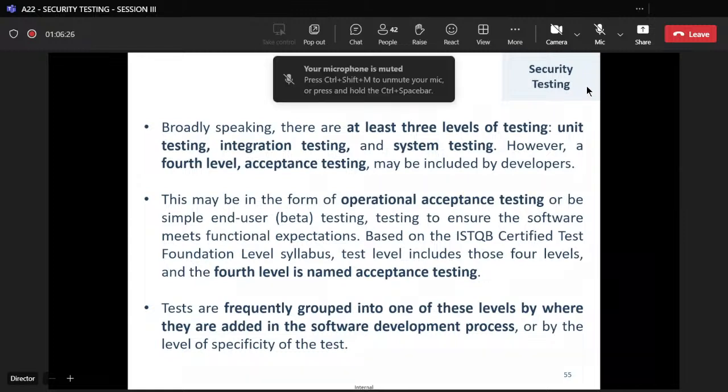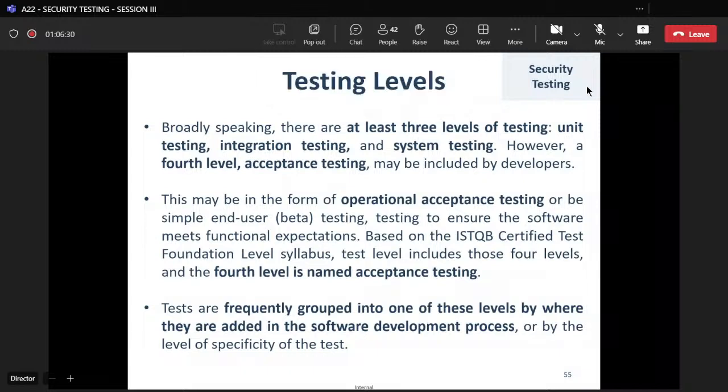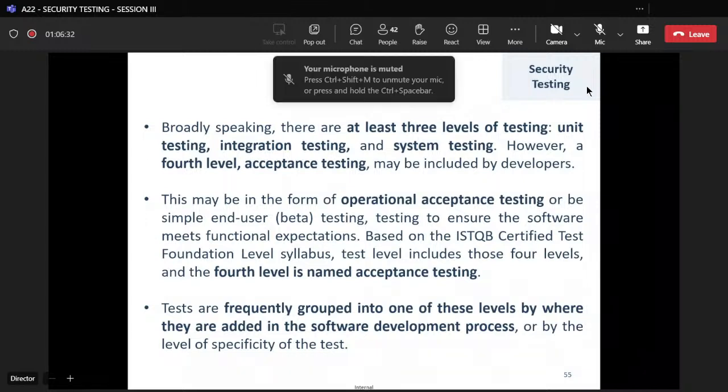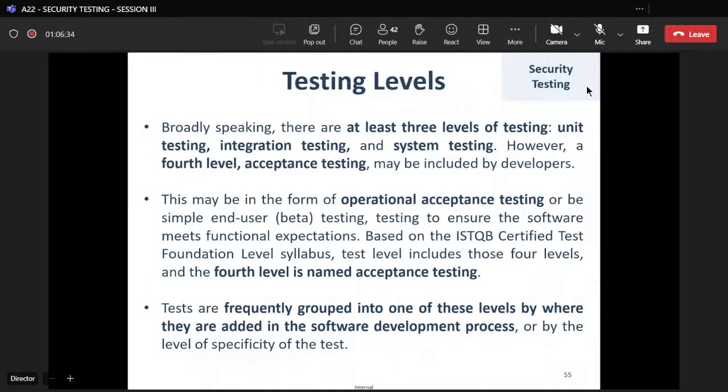And the last level before putting into production is acceptance testing, the UAT tests. And operational acceptance testing, a simple end user testing, kind of beta testing, which they perform on the customer site, or I can say the production site, is the fourth level of acceptance testing.